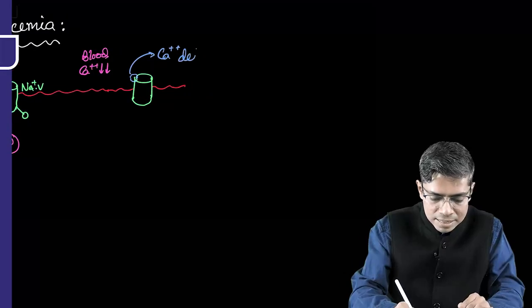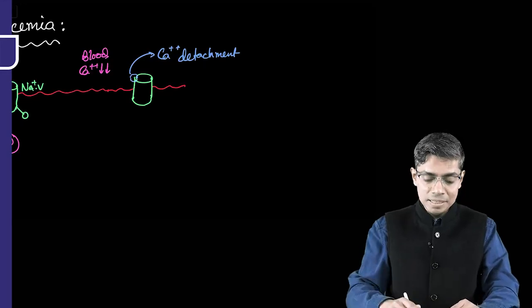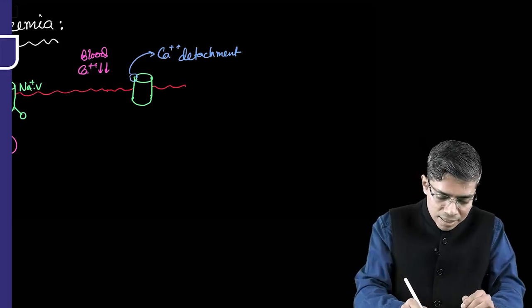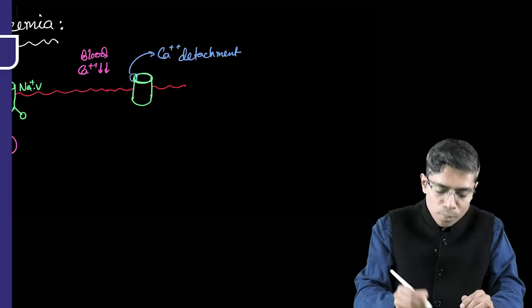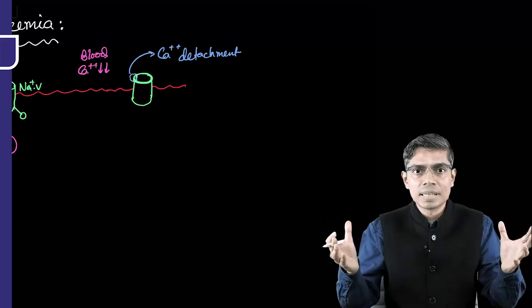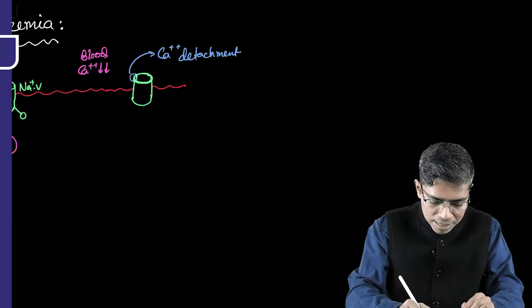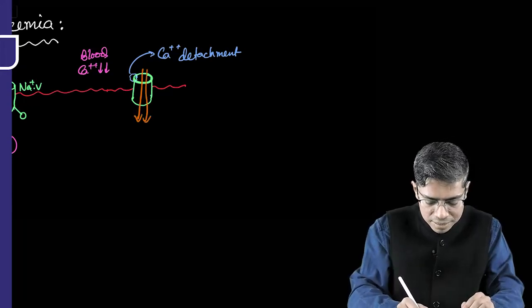Because of the detachment, I can easily understand that the pore of this channel will open up. There will be an increase in pore, so the sodium entry will be easier.